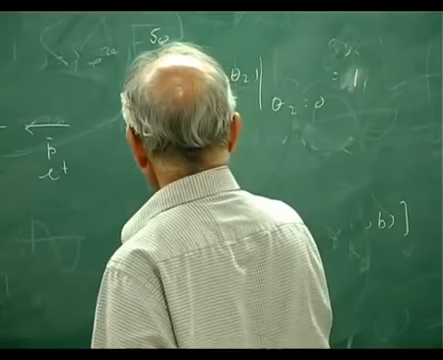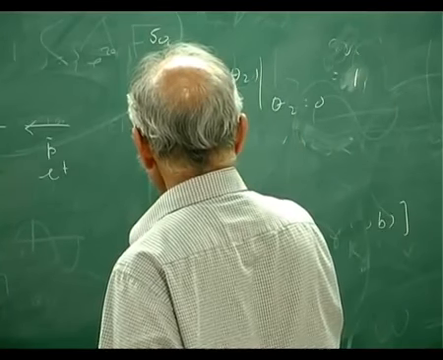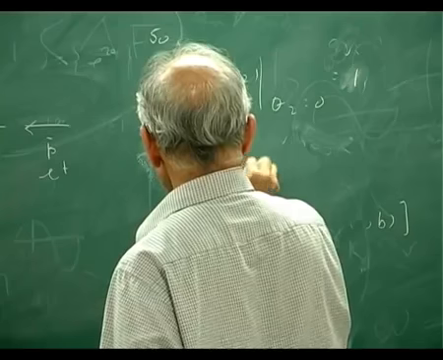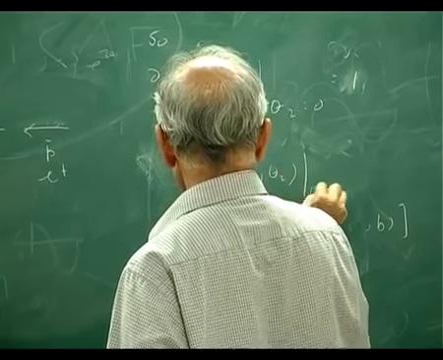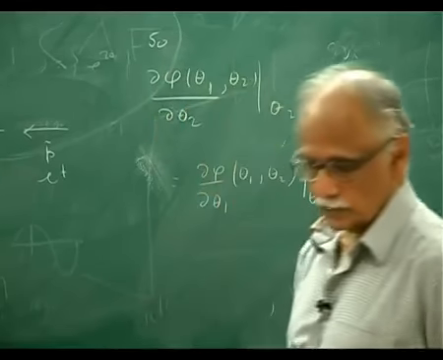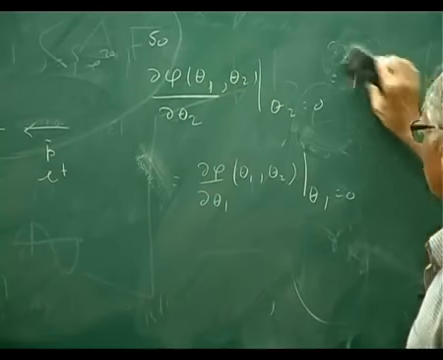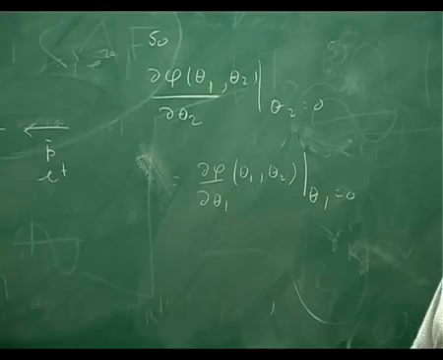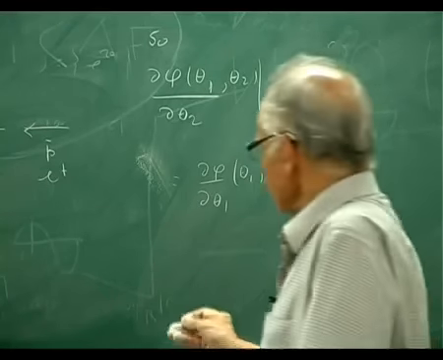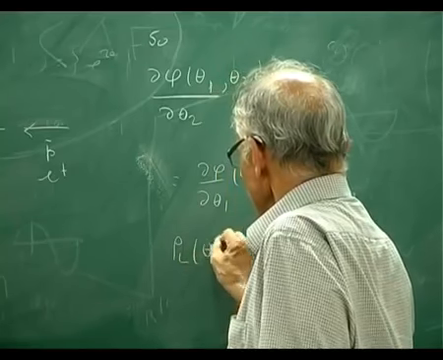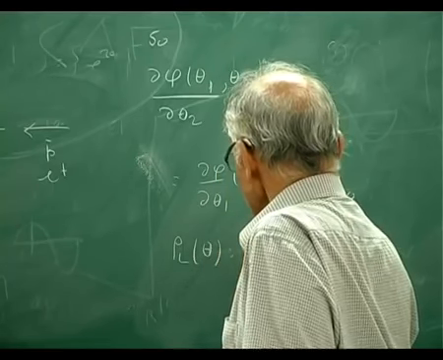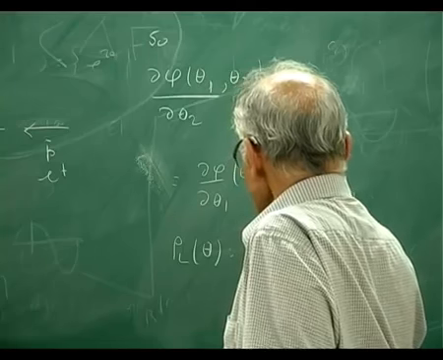This is also true for d phi by d theta 1, where I set theta 1 equal to 0. So you can say that rho L of theta is equal to rho R of theta, and you can set it equal to 1.